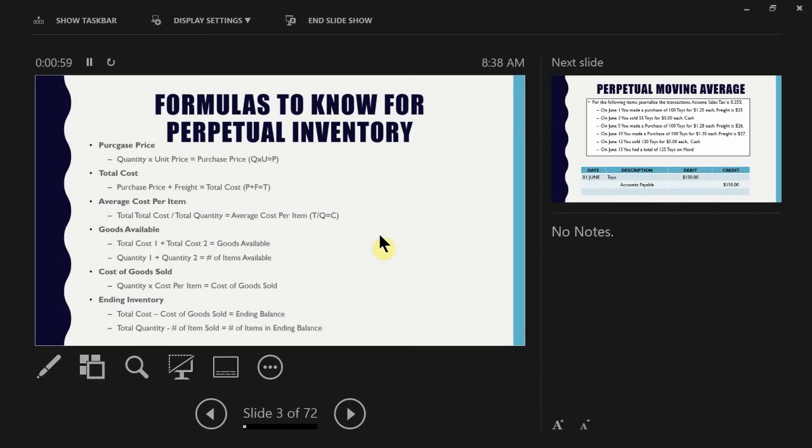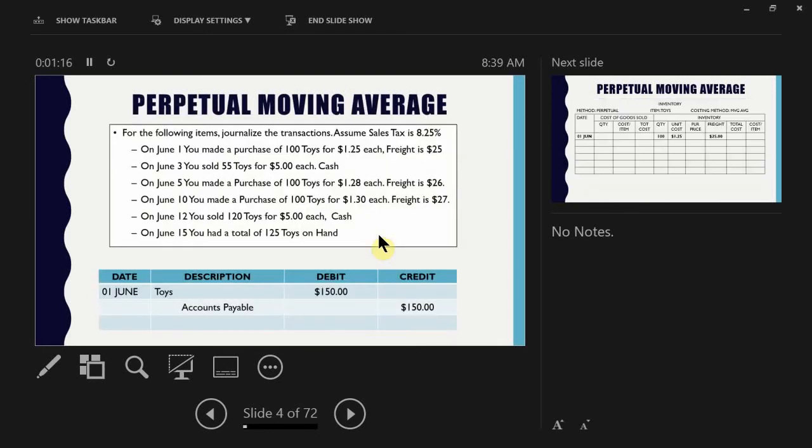But in this case, yes, it's going to apply as well for perpetual inventory. Okay. So everything's the same, except we're going to be applying the average cost per item. So let's go ahead and get started with the first example.